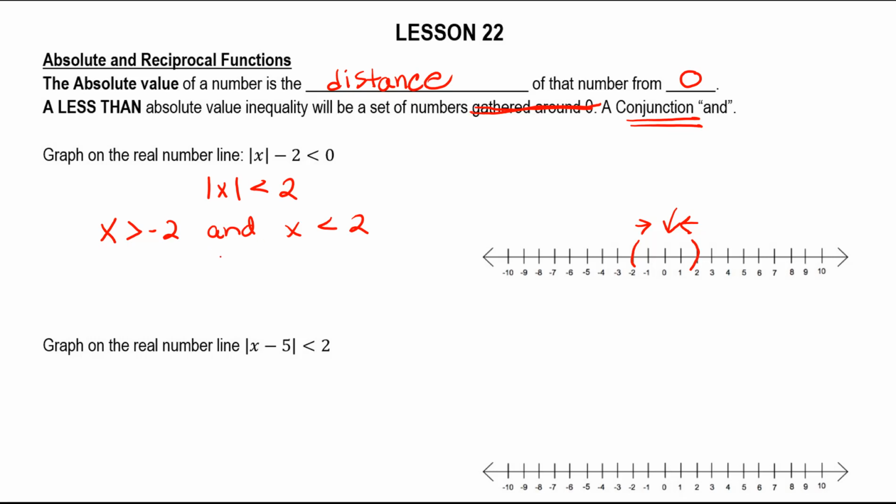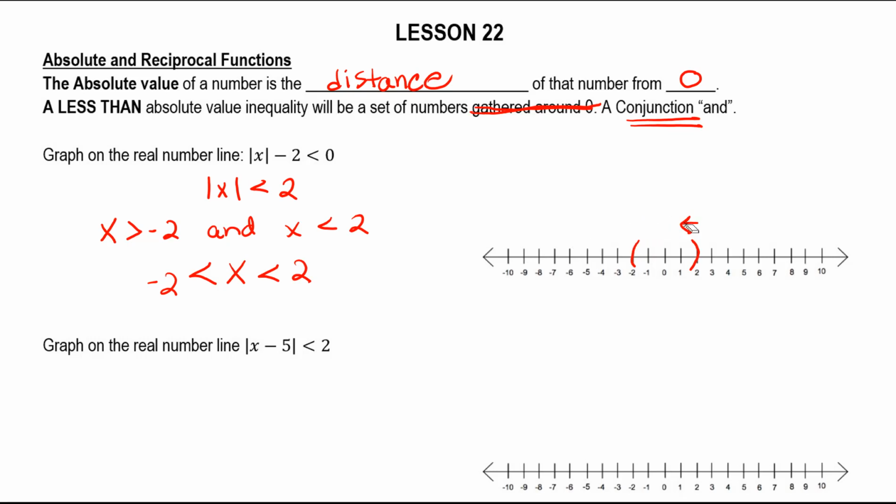So another way to write this without having to write two different inequalities is to write x is less than 2 and greater than negative 2. Remember, the open part of the absolute value that looks like an open mouth always goes toward the greater value.